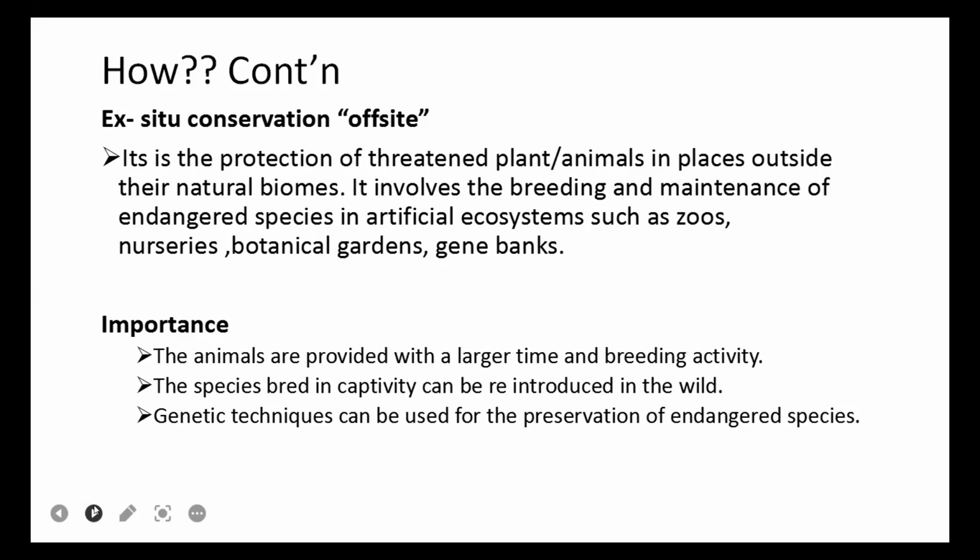It involves the breeding and maintenance of endangered species and putting them in artificial ecosystems like zoos, nurseries, where they keep the young animals, botanical gardens, gene banks.